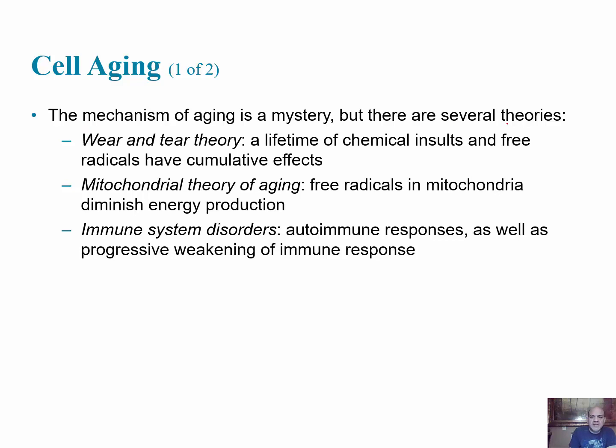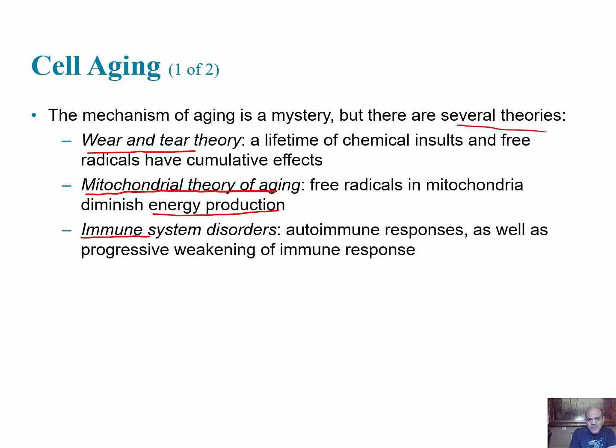There are several ideas, theories, or hypotheses about this. One is the wear and tear theory: a lifetime of chemical insults and free radicals have a cumulative destructive effect within cells. The other one is the mitochondrial theory, and here free radicals, which are very highly reactive compounds in the mitochondria, are going to lower energy production, which would not be good for your metabolism.